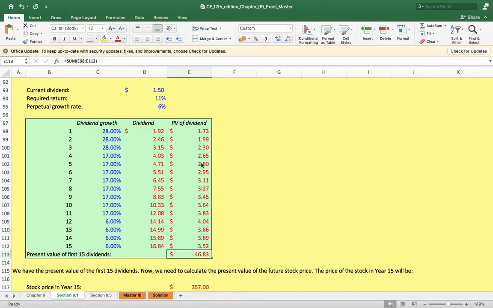Now what will be the stock price in year 15? Stock price in year 15 is equal to dividend in year 16 divided by R minus G, isn't it? So stock price in year 15 is equal to dividend in year 15 multiplied by 1 plus growth.